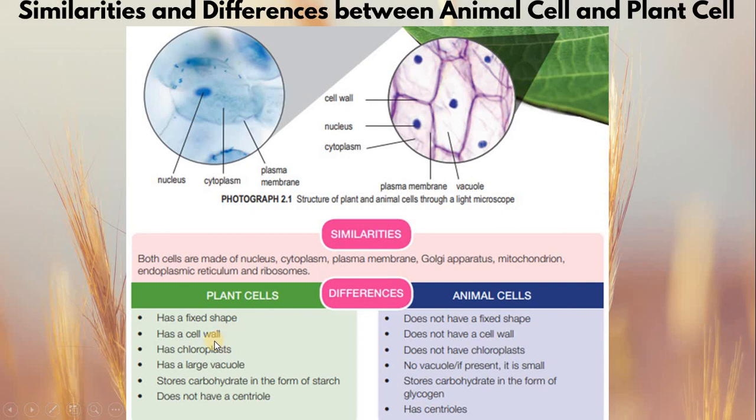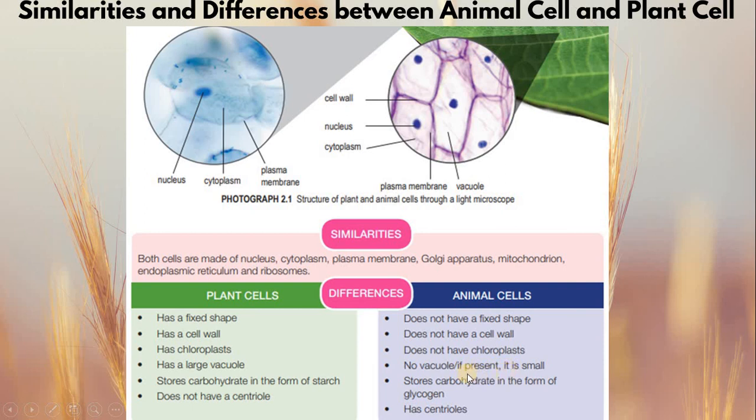The second difference: plant cell has a cell wall, while animal cells do not have a cell wall. The third difference: plant cell has chloroplast, while animal cells do not have chloroplast. Number four: plant cell has a large vacuole, while animal cells have no vacuole, or if present, it is small.